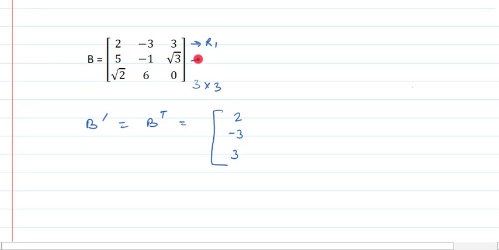The elements of R2 are 5, minus 1, root 3, and these will be the elements of column 2. Similarly, the elements of R3 will be the elements of C3, root 2, 6 and 0. We observe that the order of the matrix remains 3 by 3 because it is a square matrix.